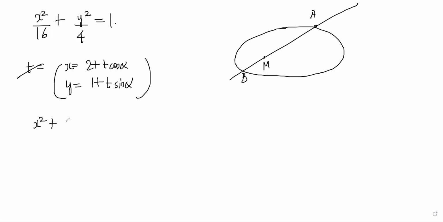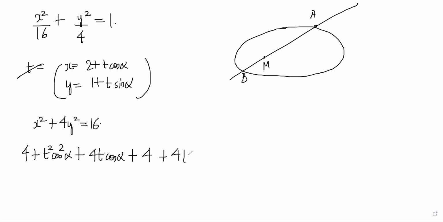This becomes x square plus 4y square is equal to 16. So x square becomes 4 plus t square cos square alpha plus 4t cos alpha, and plus 4 t square sine square alpha plus 8t sine alpha is equal to 16.